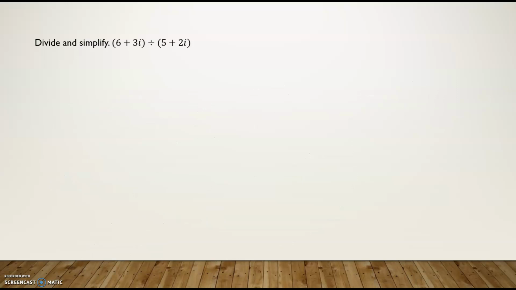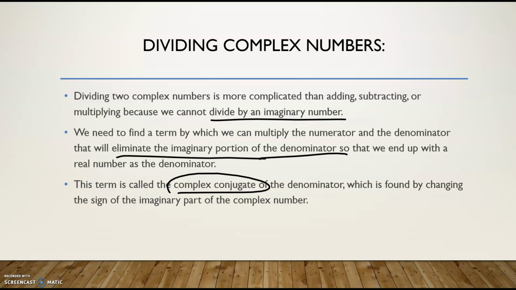Okay, divide and simplify. So 6 plus 3i divided by 5 plus 2i. Notice I have division here, and back over here it says we need to find a term to multiply the numerator and the denominator, so we'll eliminate the imaginary portion of the denominator.